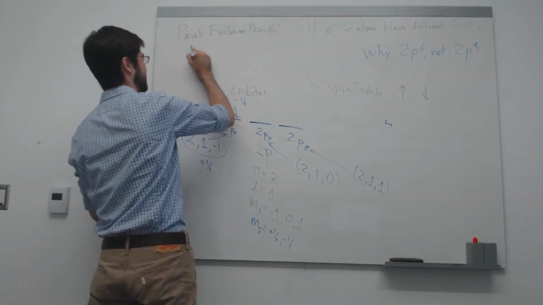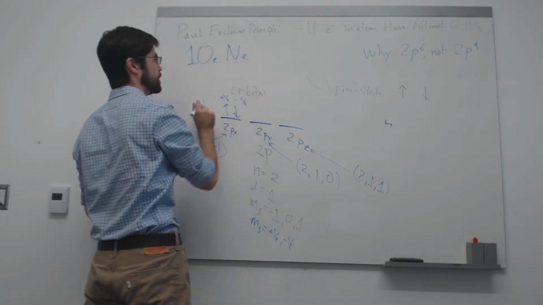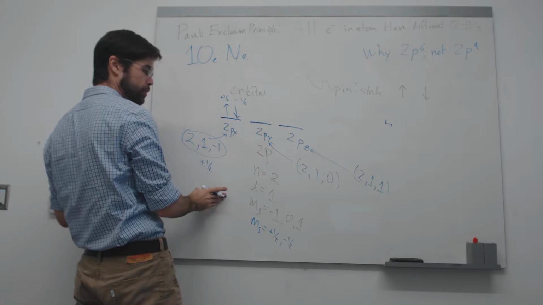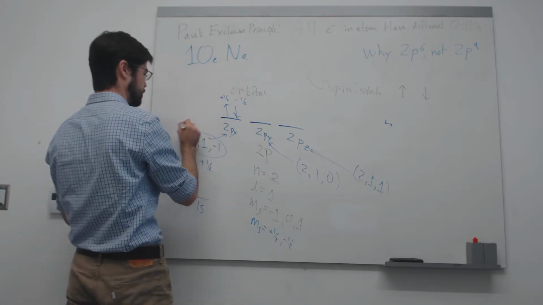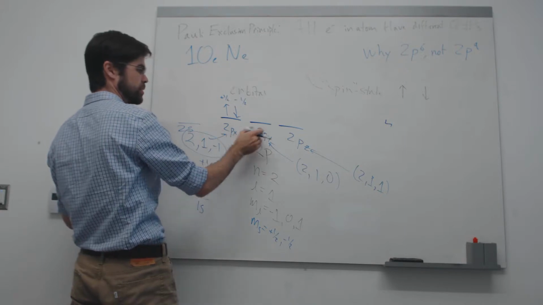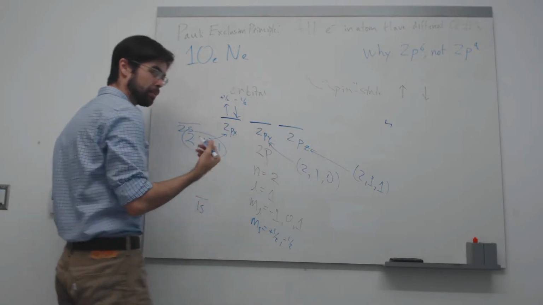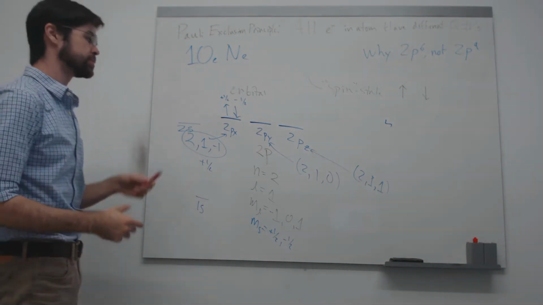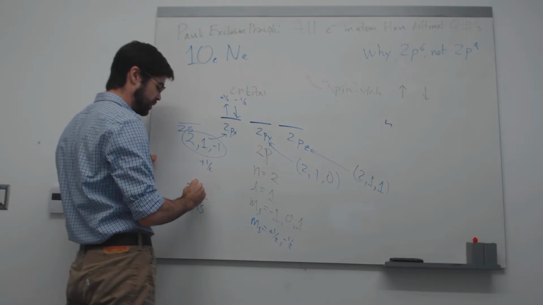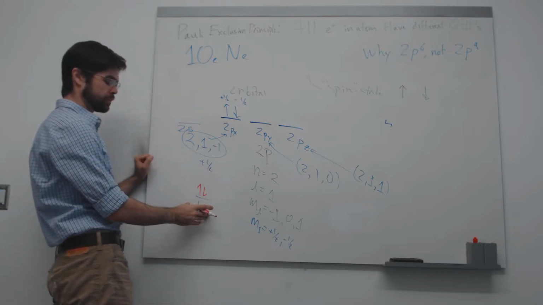So the way the orbitals get filled up is 1s, 2s, then the 2px, 2py, and 2pz. There's 10 of them, so you fill them up by applying the Aufbau principle. The Aufbau principle says fill up the orbitals in order of increasing energy. So I can put 2 of them into the 1s orbital.